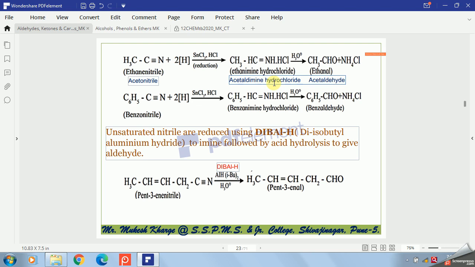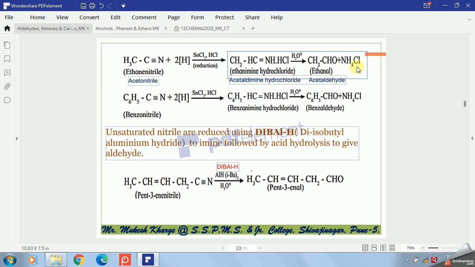acetaldimine hydrochloride, on hydrolysis simply break the carbon nitrogen double bond, place a double bond with oxygen to this carbon, and add 2 hydrogen to this carbon. So what we get?